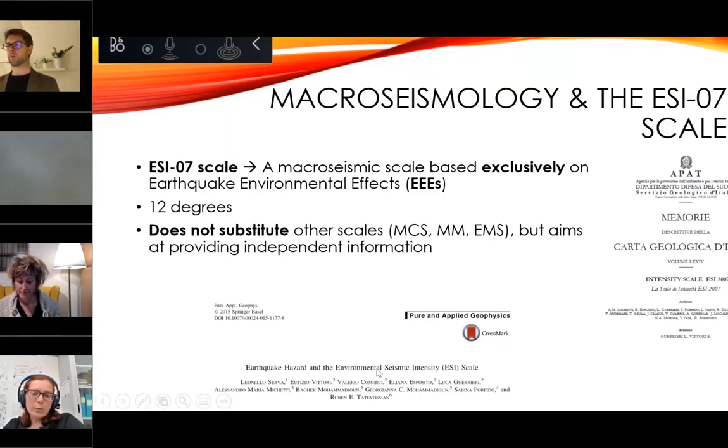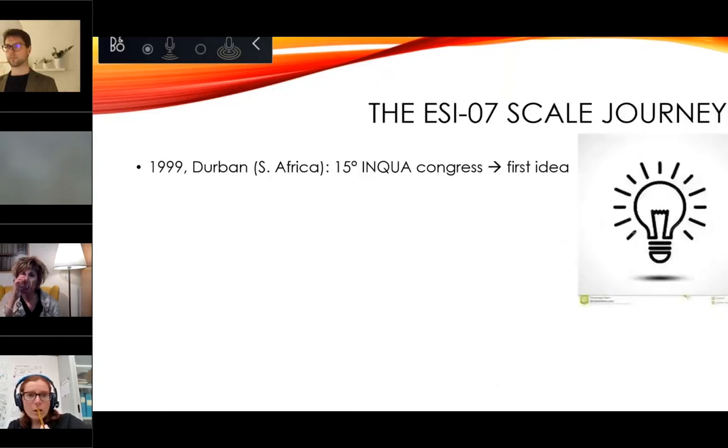While the paper I put here at the bottom of the slide is a sort of review, assessing again, a few years after the introduction of the ESI scale, its main purpose, and it is targeted mainly toward the hazard community, or people dealing with hazard.